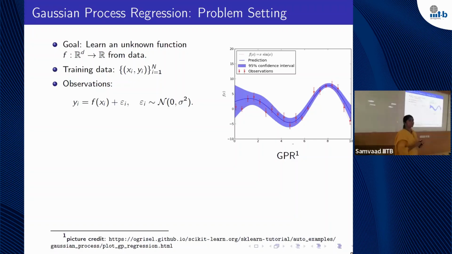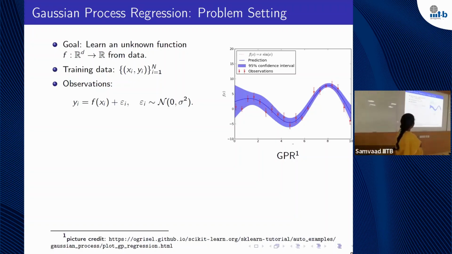But this is not like an L2 regression problem wherein you model your f to be a linear function with some parameters. I'm not going to model f in a parametric form with some unknown parameters, but the way I model it is that I consider f to be coming from some distribution, and I find that distribution.